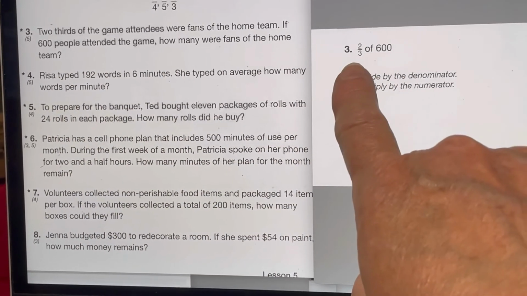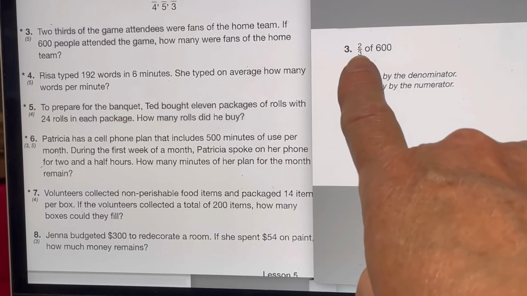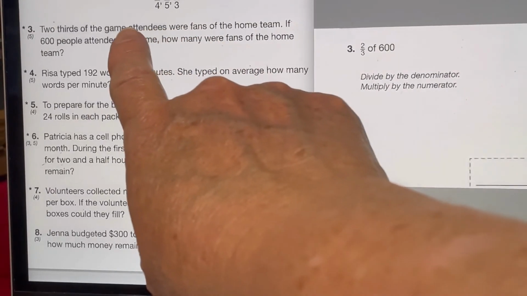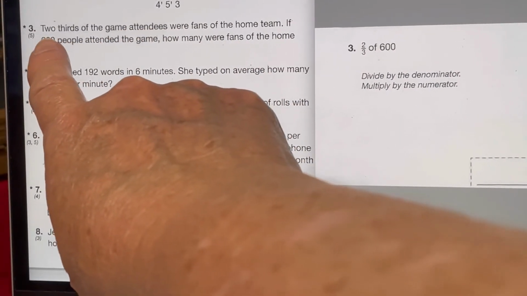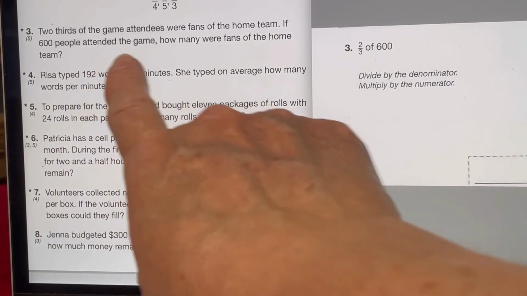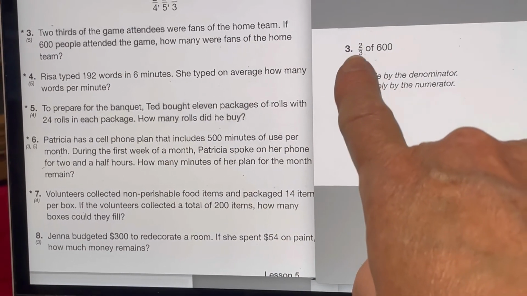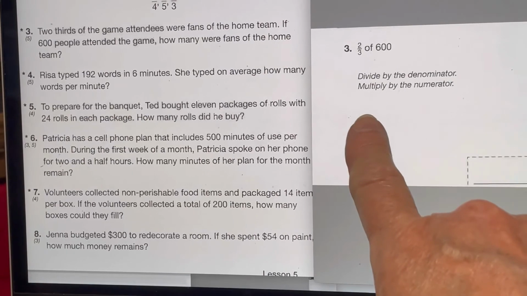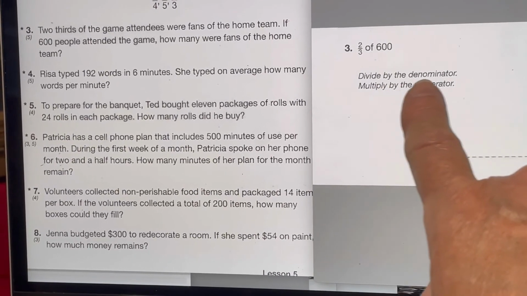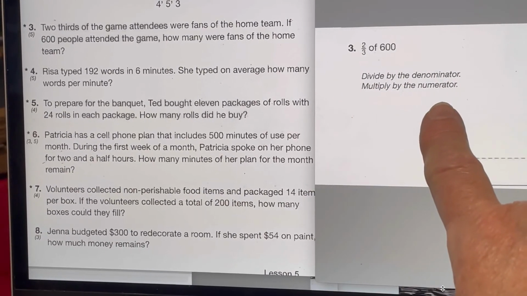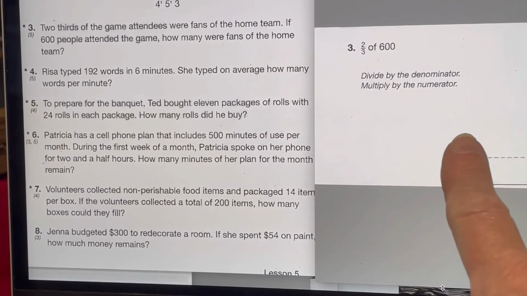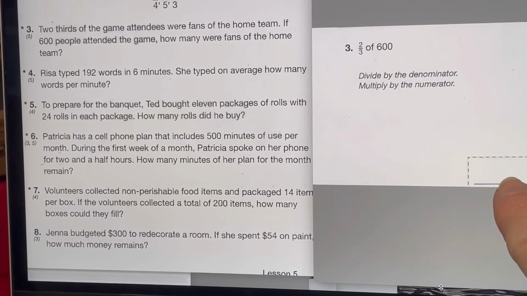Your workbook says 2/3 of the game attendees, 2/3, and then 600 attended. So they gave you a hint, 2/3 of 600. They give you a further hint. Divide by the denominator, multiply by the numerator so that you can work that problem and put the answer here.